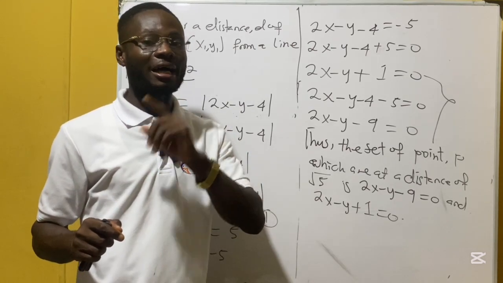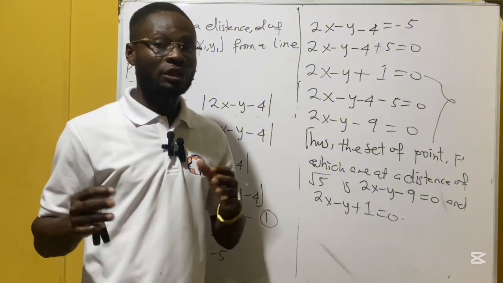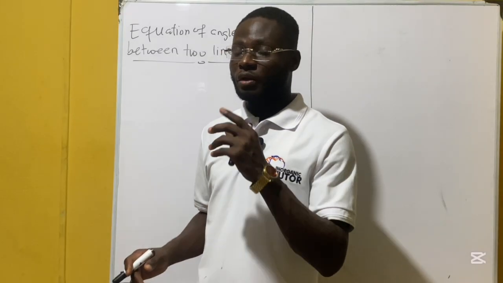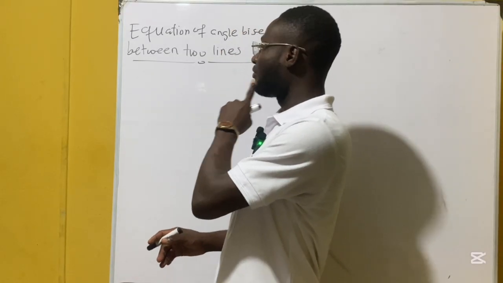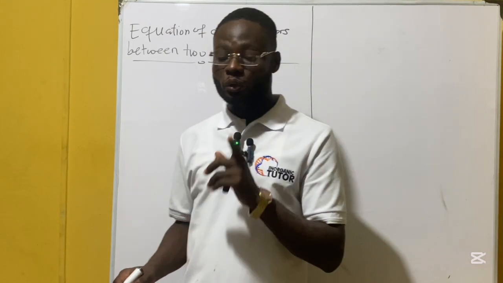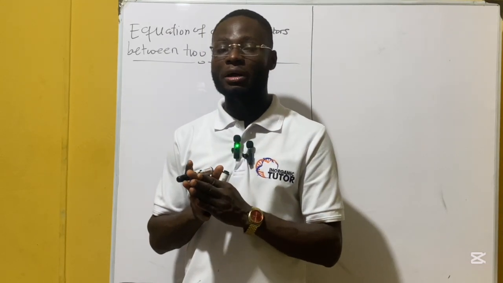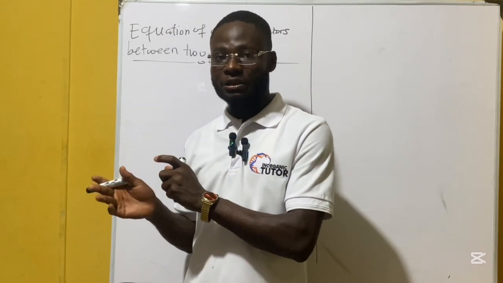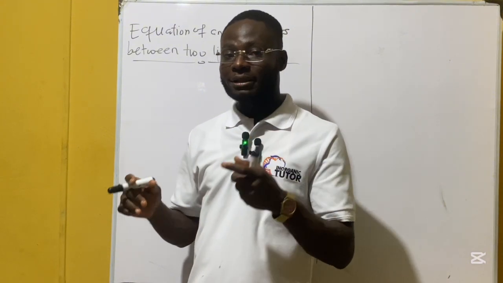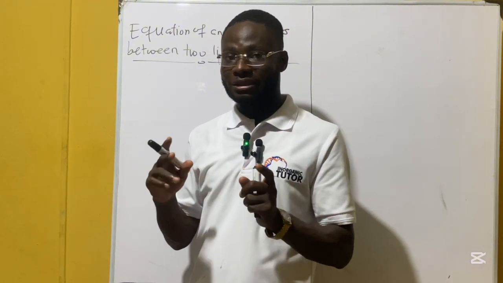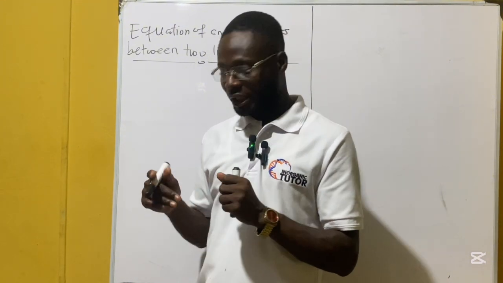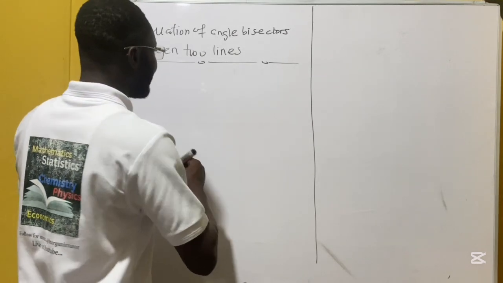The equation of angle bisectors between two lines. So with regards to equation of angle bisectors between two lines, let's say that we are considering two lines, okay? Line 1 and line 2. So basically L1 and L2. Okay, so this is what I mean.